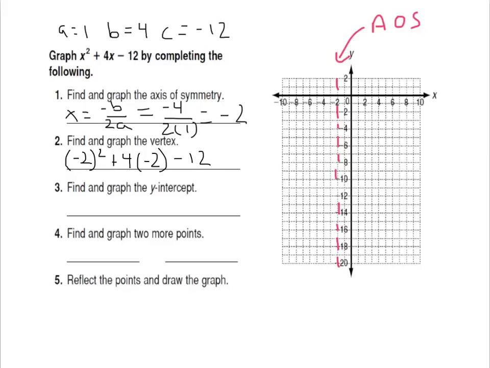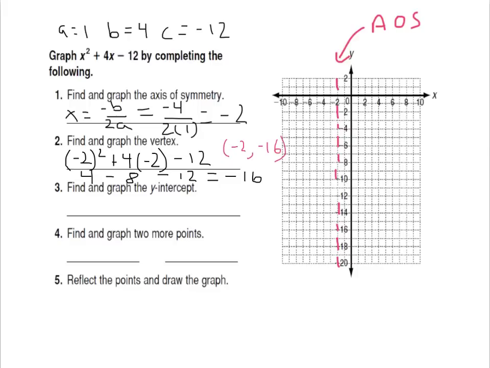Well, negative 2 squared is 4, so I'm going to have 4 minus 8 minus 12. And so when we simplify all of that, we're going to end up with negative 16. So then we know that our vertex is going to be at the point negative 2, comma, negative 16.